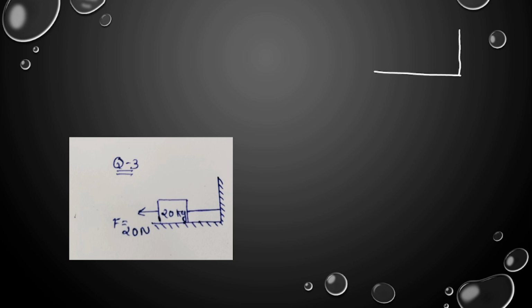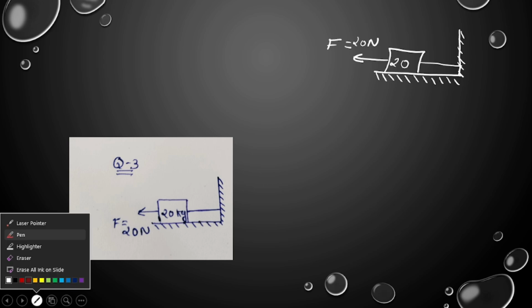Again a wall, ground, block, string, block of 20 kg, string is here, and an external force is applied, F equals 10 Newton. Okay, this is the question. So again drawing the FBD.